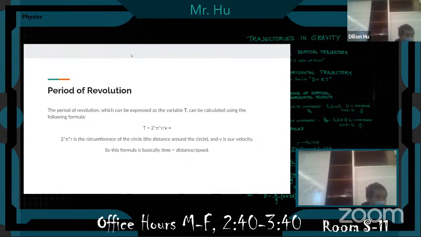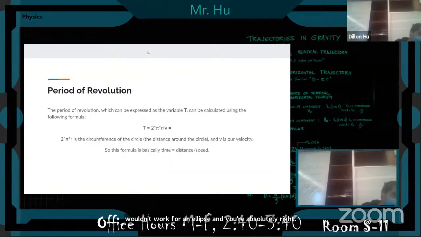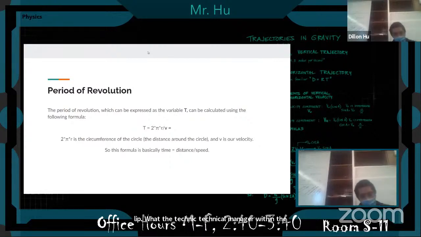Someone brought up that this technically wouldn't work for an ellipse, and you're absolutely right. The thing is, the amount of eccentricity that a planet has is small; the orbits are actually not very elliptical.